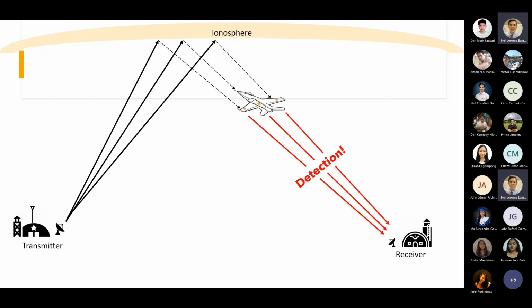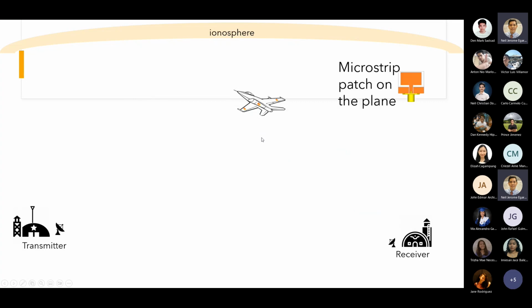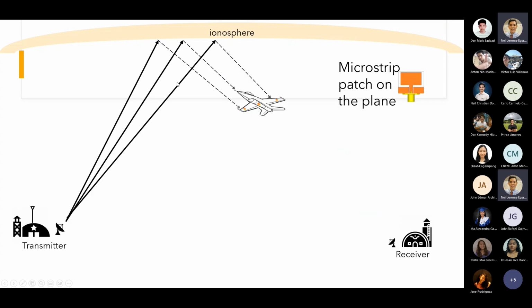So I want to find the necessary input, which would be the electromagnetic wave to be created by the microstrip patches para makancel niya yung incoming electromagnetic signal from the ionosphere. Para pag nagbato si transmitter ng electromagnetic signal, tatama siya kay plane, pero si airplane ko magpo-produce siya ng opposite nung incoming electromagnetic signal para mag-zero yung echo na madidetect ni receiver. Alright? So para hindi siya madetect nung radar.